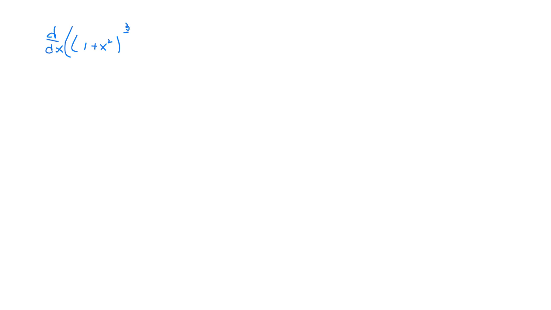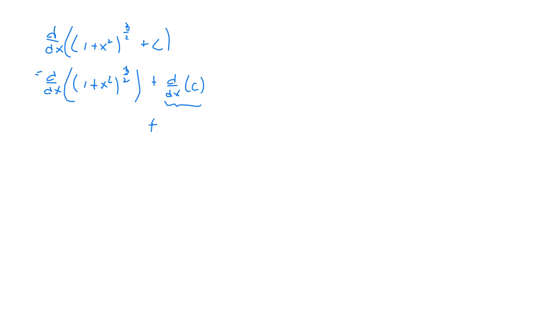If you differentiate 1 plus x squared to the 3/2 power plus a constant, that's just the derivative of 1 plus x squared to the 3/2 power plus the derivative of that constant. But what's the derivative of a constant equal to?